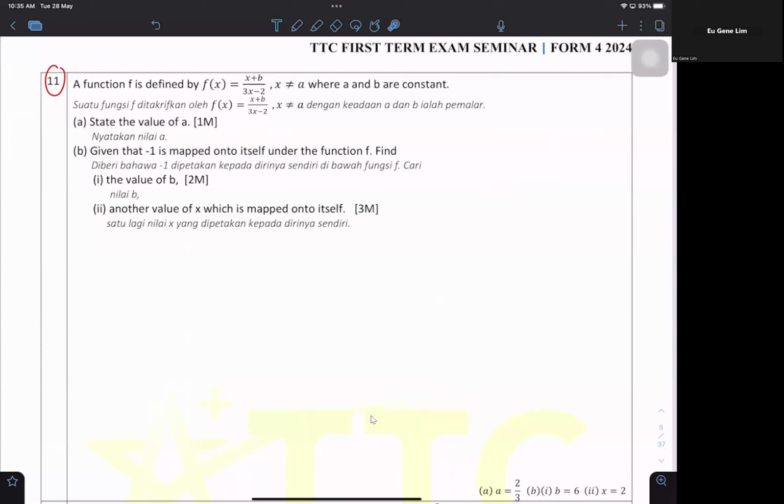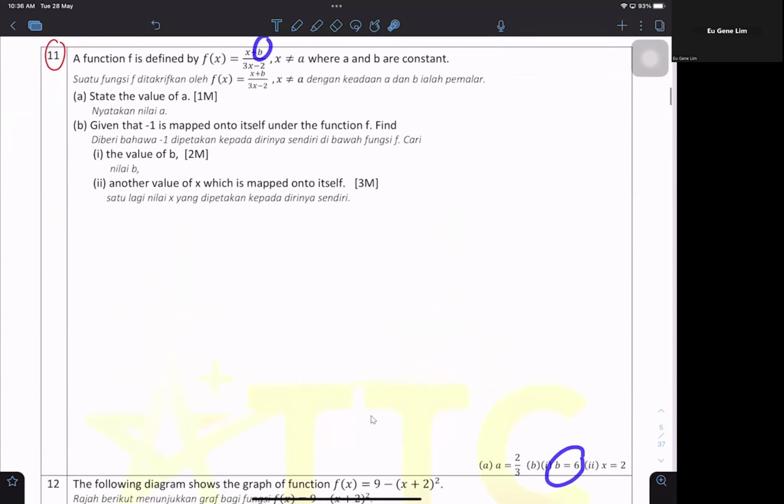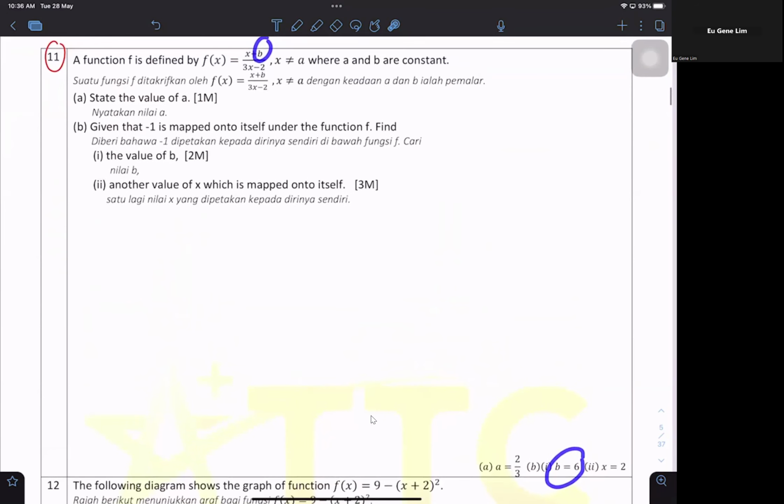Understand? Constant means the same number. Means B will always be, for example, 6. B will always be 6. Understand?